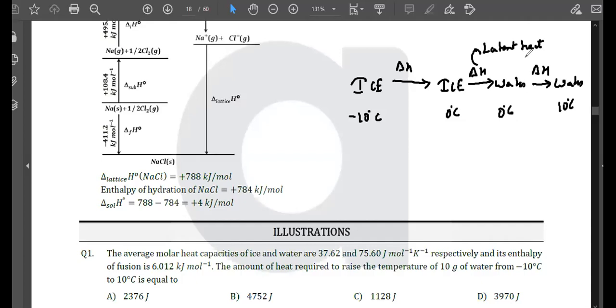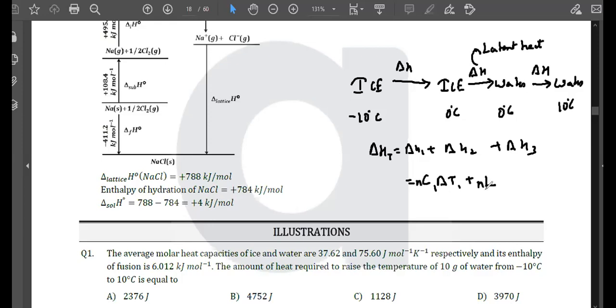So for this, delta H total will be delta H1 plus delta H2 plus delta H3. So it will be C1 delta T1 plus, tell me, L, just L, because it is actually nL, or nC delta T. So you have to calculate the number of moles of water.